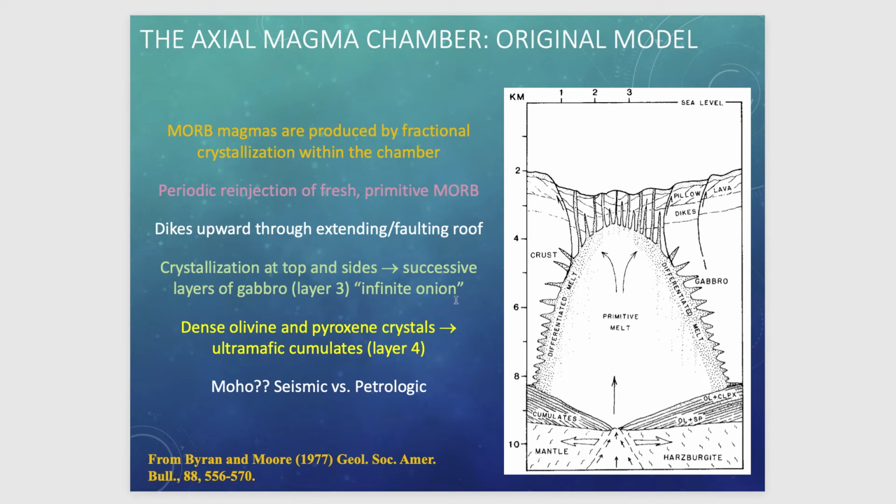And yeah, the model inferred that you had onion-like geometries forming, in which you have different levels of crystallized magma. Dense olivine and pyroxene crystals at the bottom forming these cumulates were also postulated as part of the model, as we have seen in the previous representation.